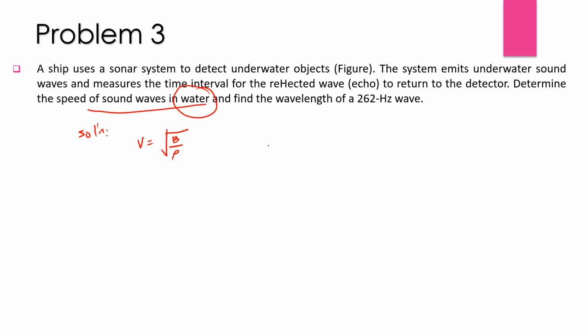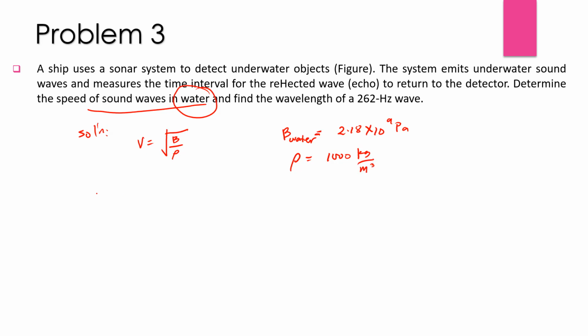So the bulk modulus of water is given. Okay, for water, B is equal to 2.18 times 10 to the 9 pascals, and rho, the density of water, is equal to 1000 kilograms per meter cubed.